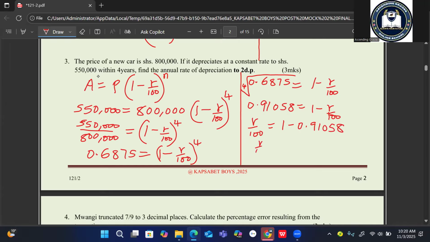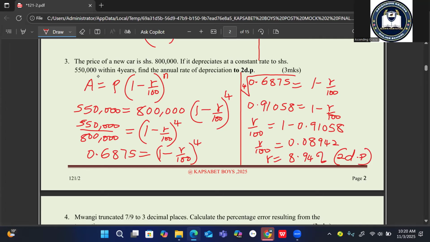So r over 100 is equal to 0.08942. So your rate R is equal to 8.94%, correct to 2 decimal places.